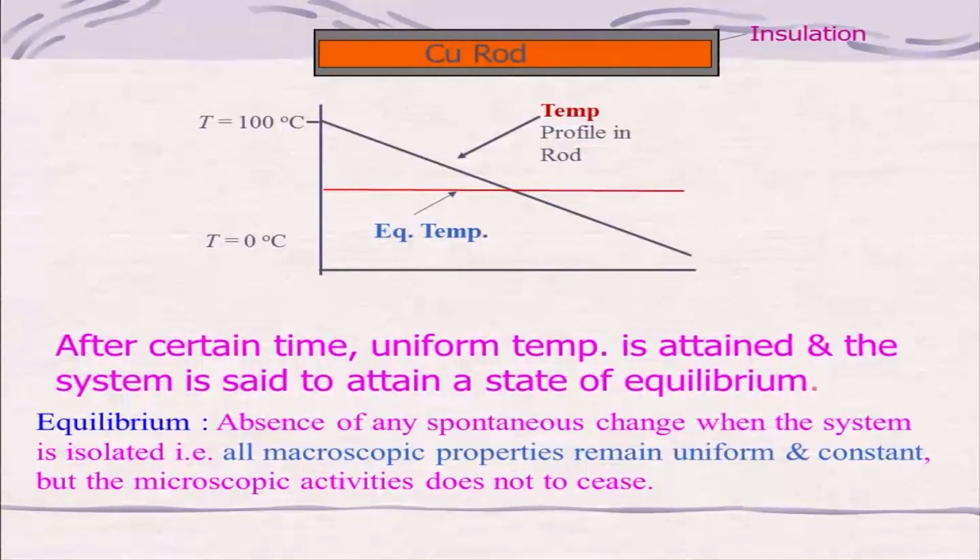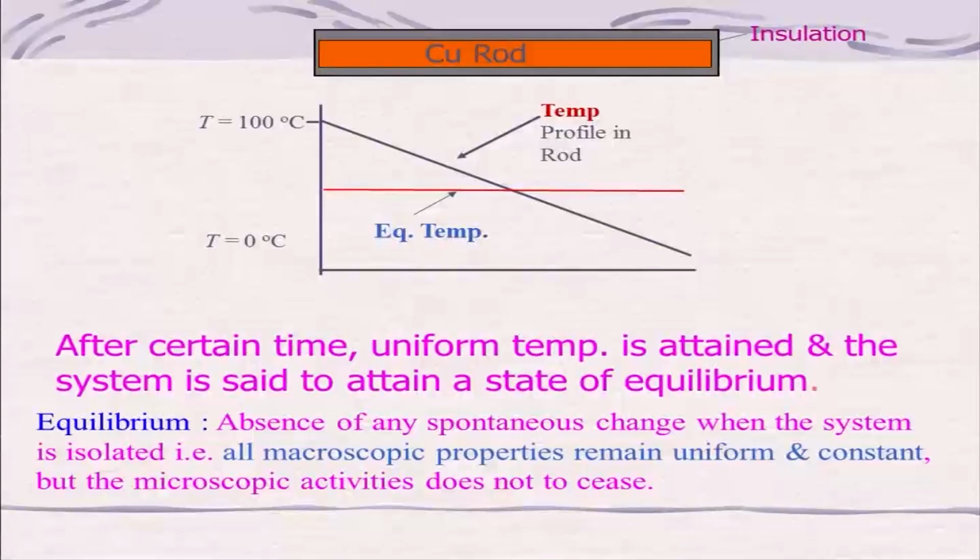However, the microscopic activities go on. In this copper rod the molecules will be vibrating because of temperature, but the temperature will be the same, so macroscopically the properties will be uniform.